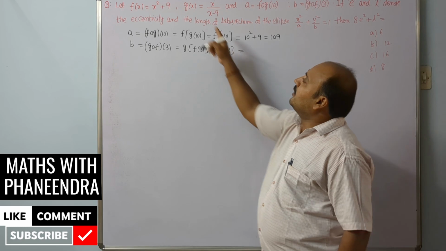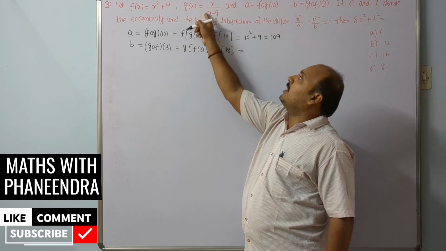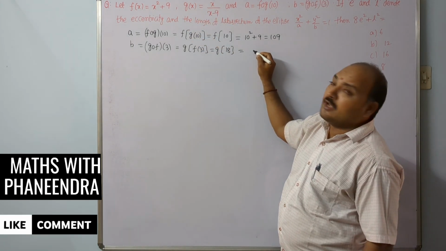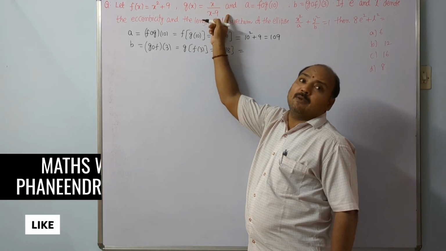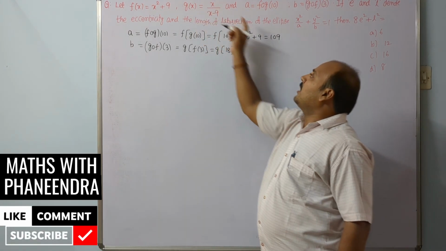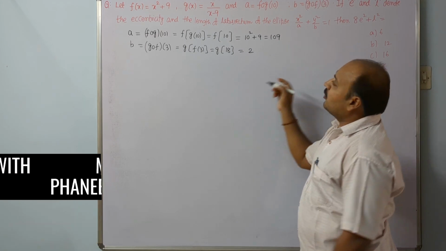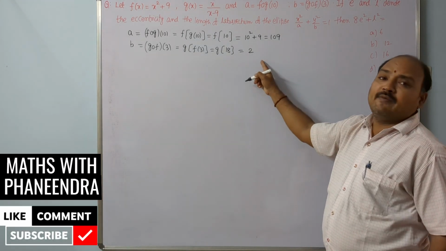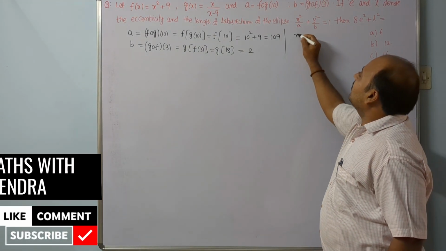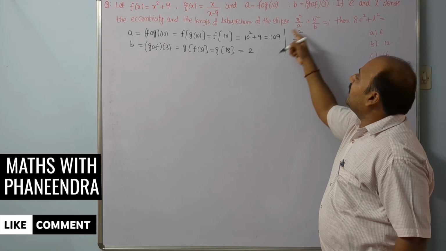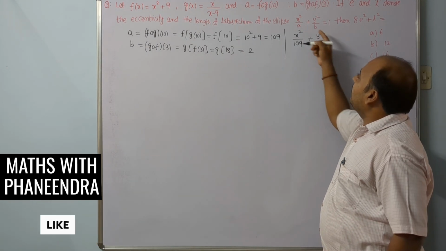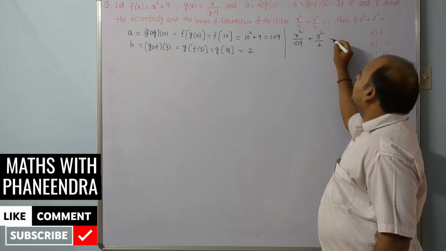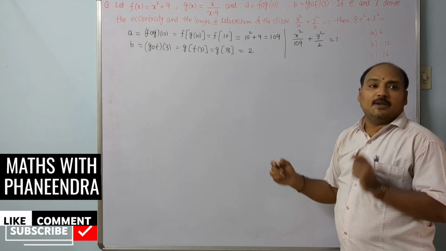So g of 18, in place of x substitute 18: 18 by 18 minus 9. 18 minus 9 is 9. So 18 by 9 is 2. Therefore, after getting the a and b values, the equation of the ellipse will become x square by 109 plus y square by 2 equal to 1. This is the equation of the ellipse.